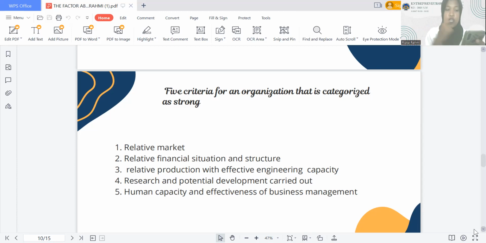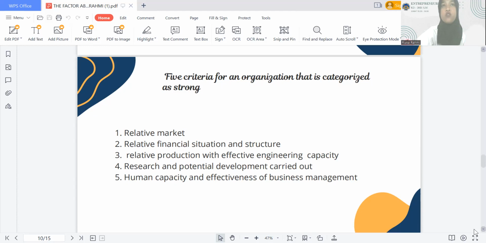Being strong and having strength is very important for an organization. Otherwise, the opportunities created by the outside environment cannot be used.